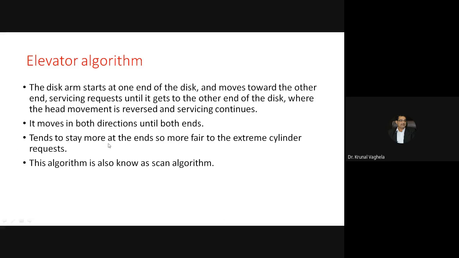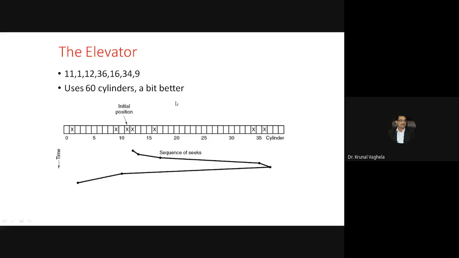So it tends to stay more at the end, so it is more fair to the extreme cylinder requests. The problem that we were facing will get solved over here. This algorithm is also known as the scan algorithm. See, here first 11, 1, 12, 36, 16, 34, 9.